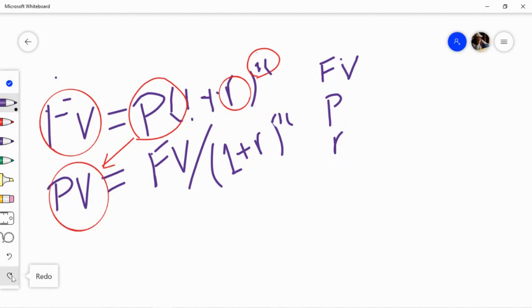If future value is the unknown, that means the rest of them are known, or given, and you solve for future value with them.